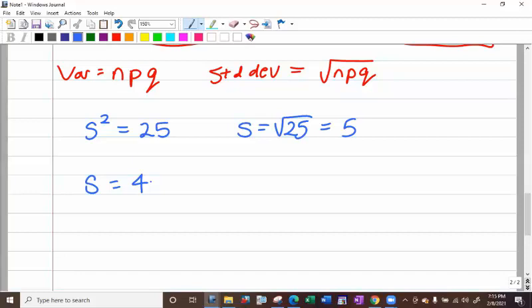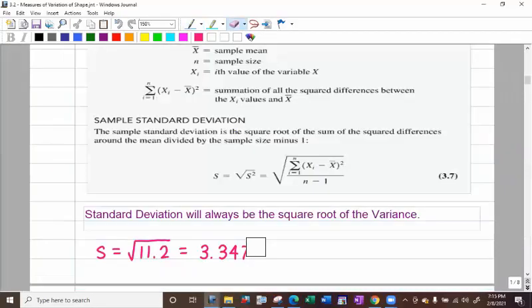To get from standard deviation to variance, you square it. So that's how it works both ways. To go from variance to standard deviation, you square root. To go from standard deviation to variance, you square. Isn't that exciting? I knew it would be.